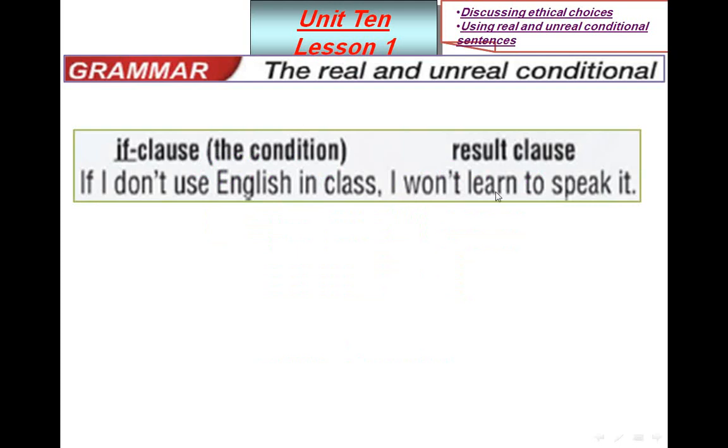I won't learn to speak it, that's called the result. That means this result won't happen till this condition happens first. It should happen first, then as a result this clause will happen.